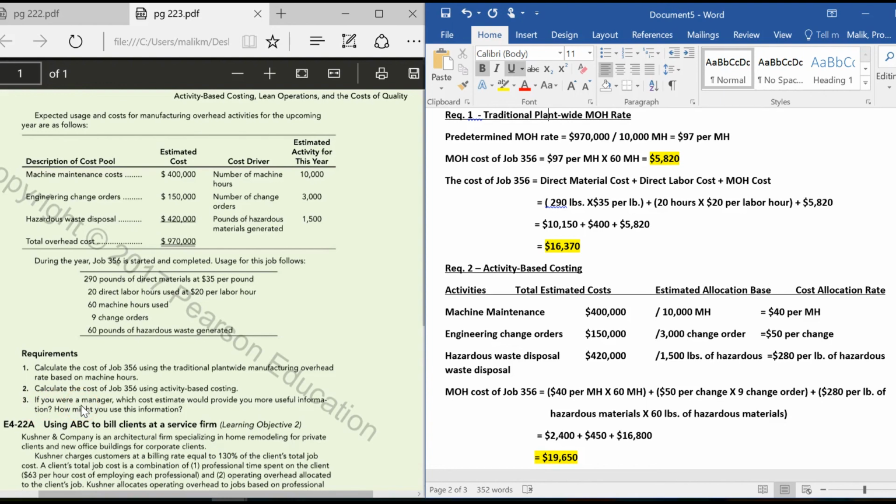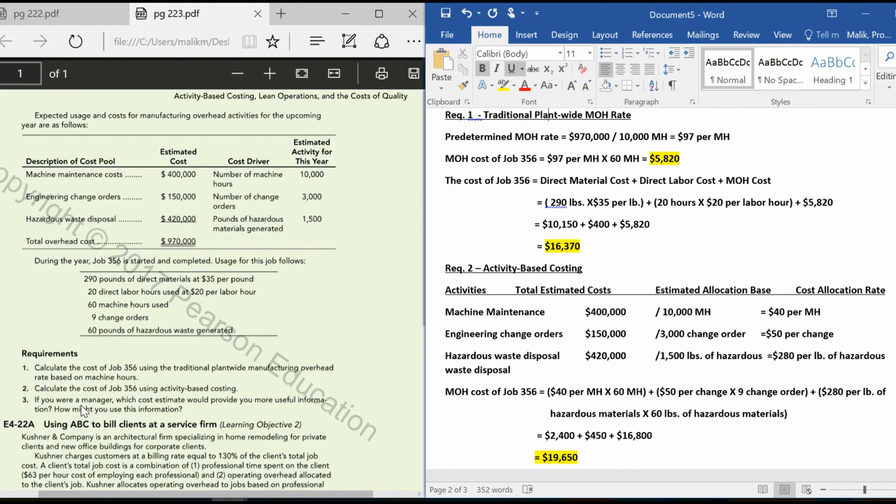Of course, activity-based costing will give you better, more precise information, because if you have different jobs, you can check for every job the problem that the company is dealing with, which is their waste disposal costs, and we can figure out which job actually incurs higher costs and the reasons for that.